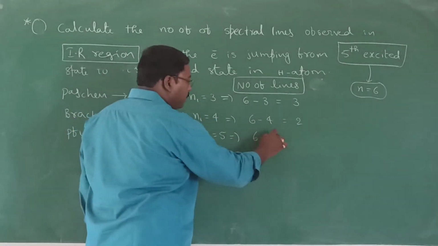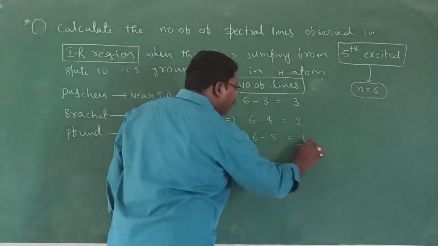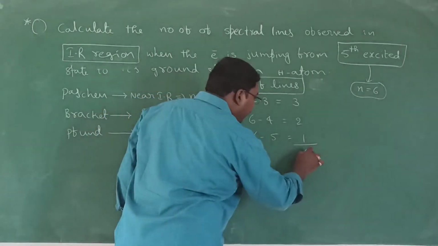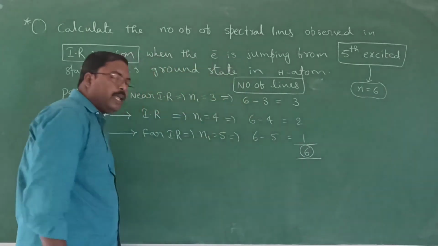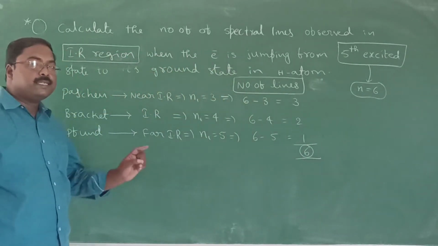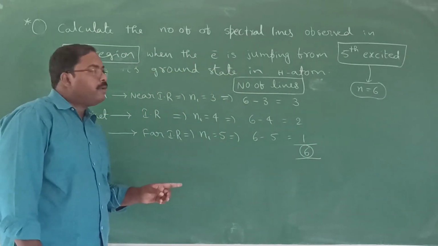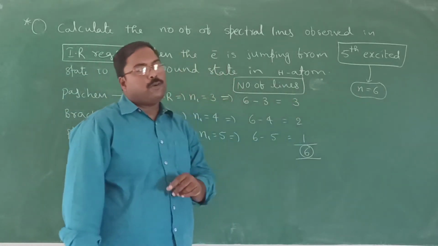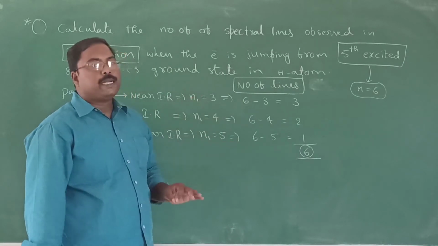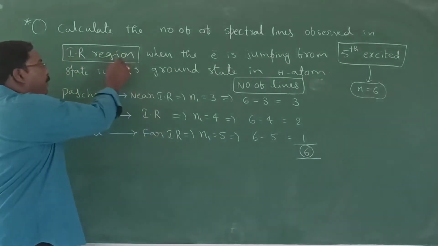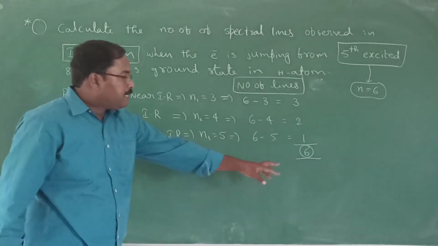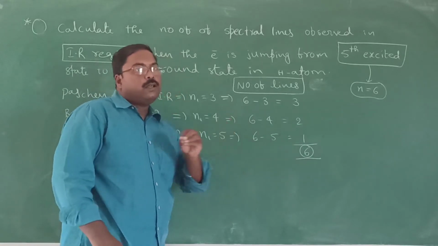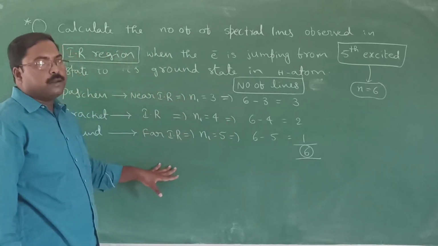In this case, 6 minus 5. So the total number of spectral lines observed in infrared region is 6. When the electron is jumping from 6th orbit to the ground state, the number of spectral lines observed in infrared region is 6. I hope you understood how we solved this question.